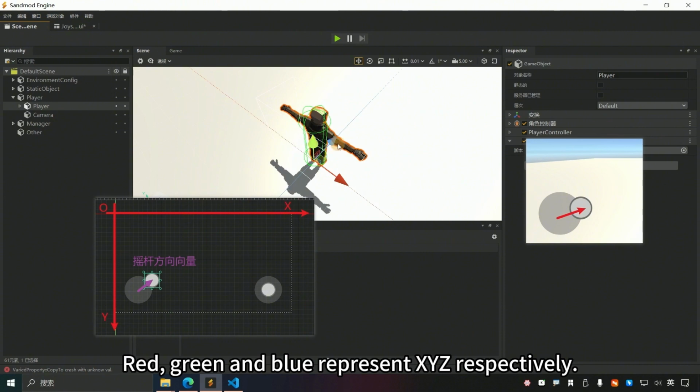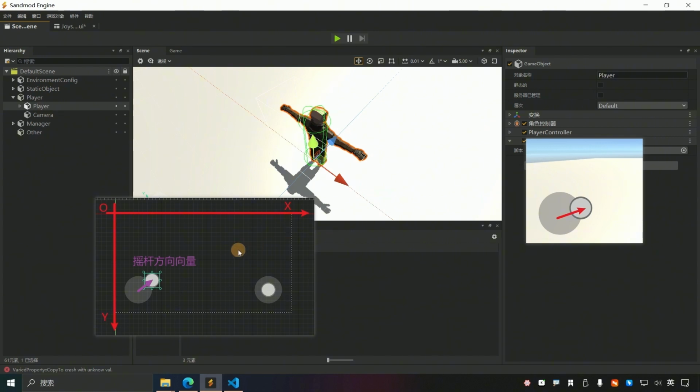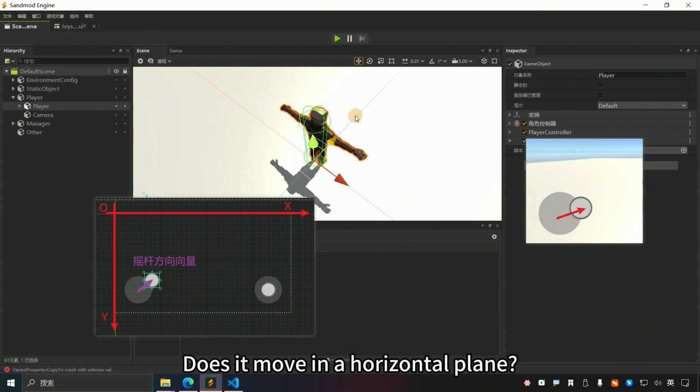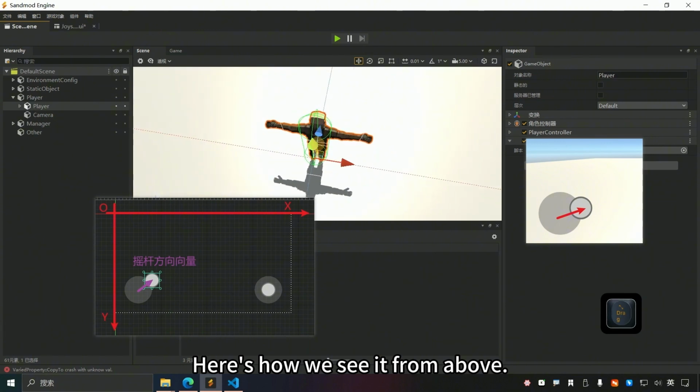Red, green, and blue represent XYZ respectively. And the joystick controls movement in a horizontal plane. That is to say, here's how we see it from above.